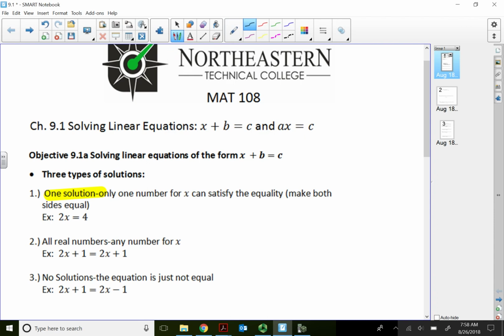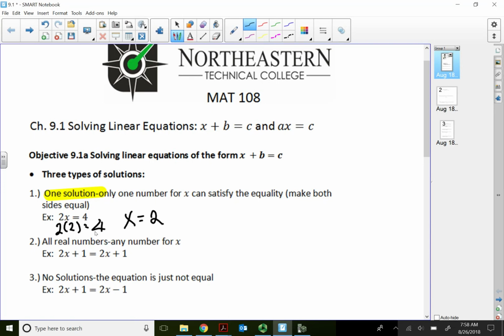Only x equal to 2 can make both sides equal because 2 times 2 is equal to 4, and you cannot find any other numbers that can make both sides equal in this equation.